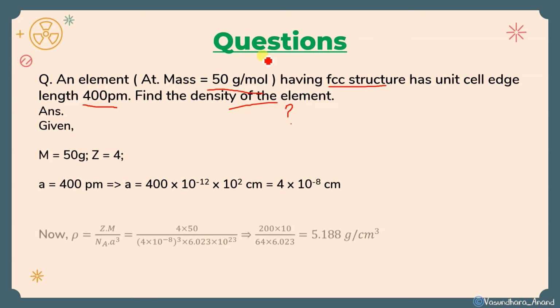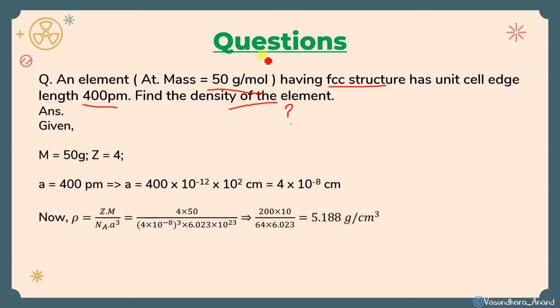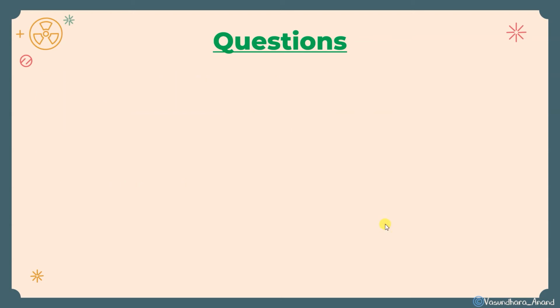So you are supposed to convert this unit into gram per centimeter cube. Got it? Okay, so density is equal to ZM upon Na into a cube. Z is equal to 4, atomic mass 50, this is Na, and a cube is the volume. Calculate it, you will get this value. This is the density. Got it?